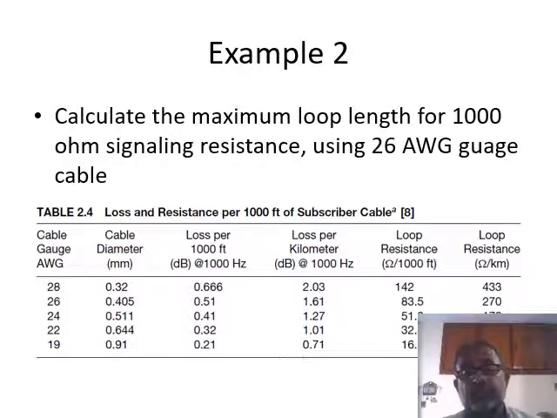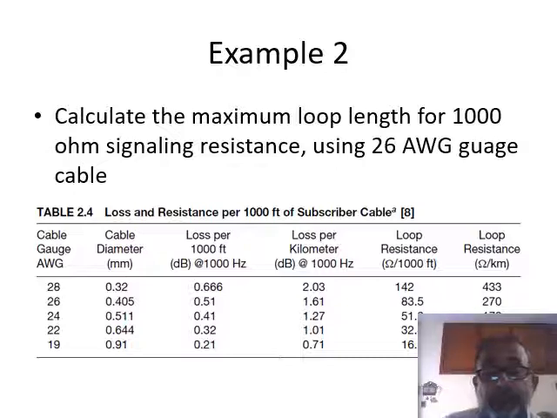Here normally the gauge that is used is the American wire gauge. Again, this is an example in which we have to calculate the maximum loop length for 1000 ohms signaling resistance using 26 AWG gauge cable.